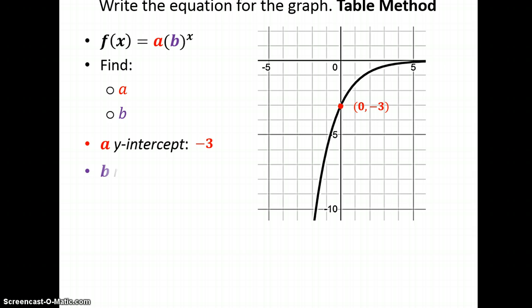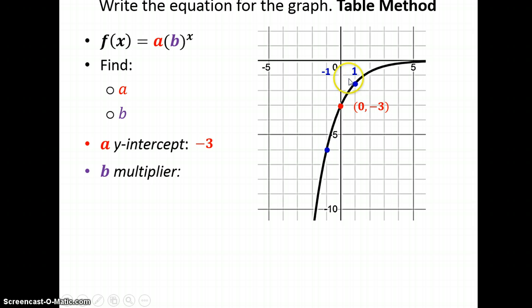To find b, which is our multiplier, we first must identify a point on the graph that's either 1 unit to the left, so at x equals -1, or 1 unit to the right, at x equals +1 of the origin. We must be careful, however, when choosing our points. We want to choose a point where we don't have to estimate the y value, so a point that's on the grid lines.